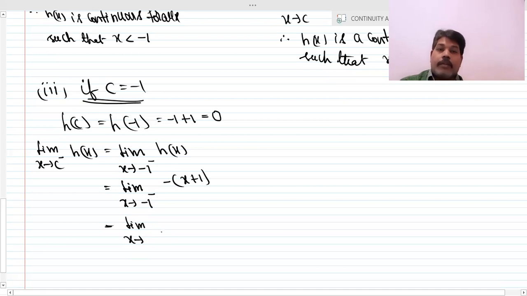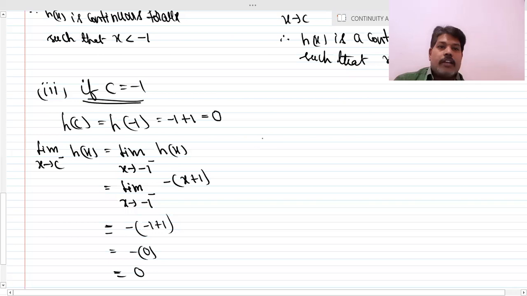If you apply the limit directly, it becomes minus 1 plus 1, which is 0.